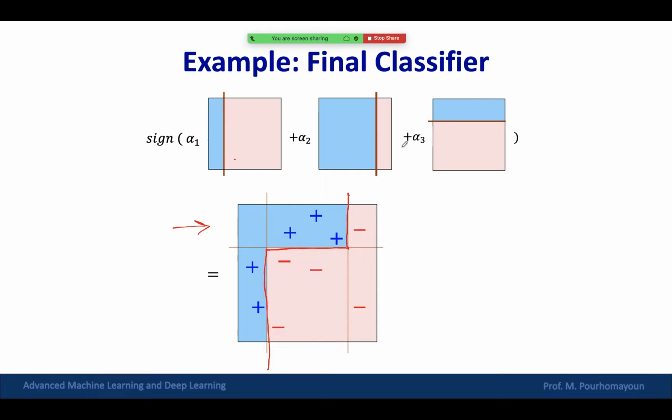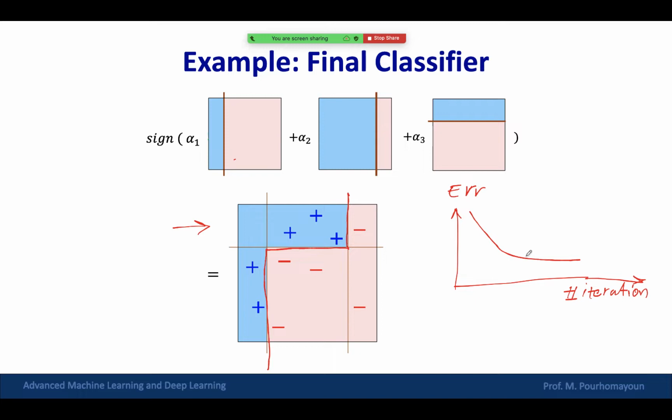Again, you can always plot this graph, your error versus the number of iterations or rounds of training, and usually your graph is something like that.